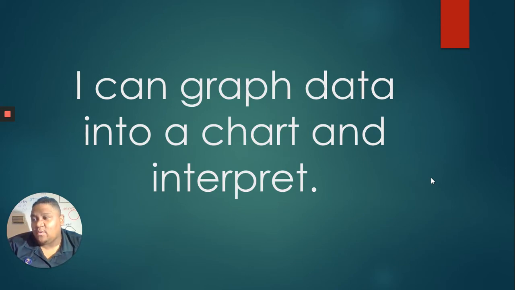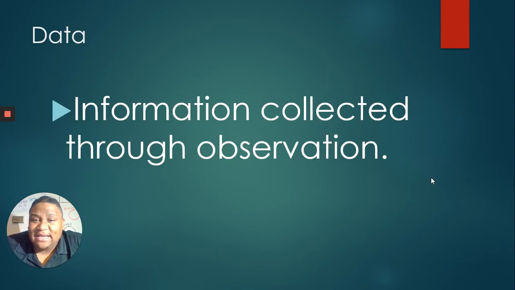All right. So if you said that to interpret is to understand, then you are correct. When we interpret things, we understand things, okay? So let's look at it. Data, of course, is information collected through observation.